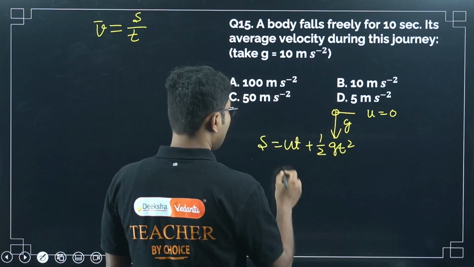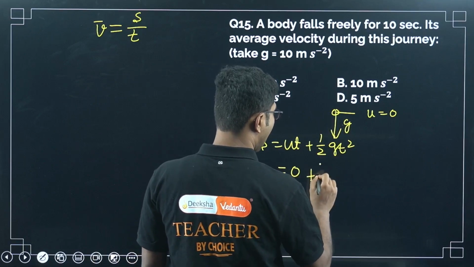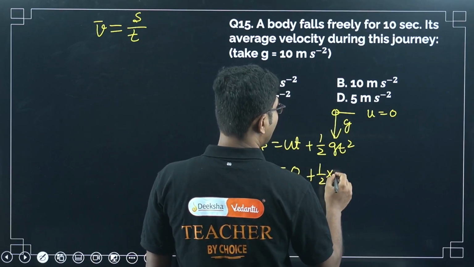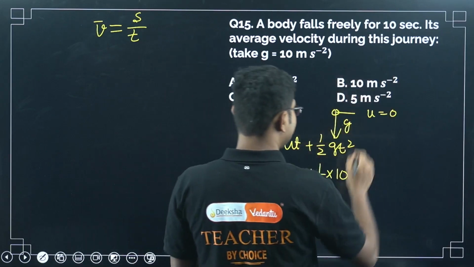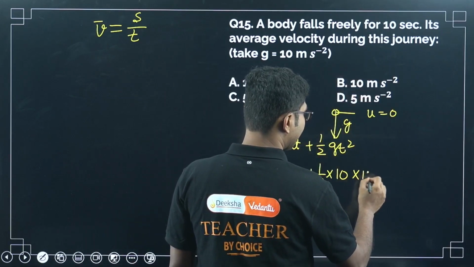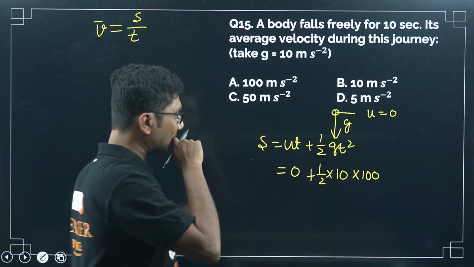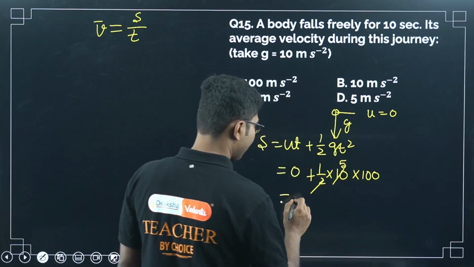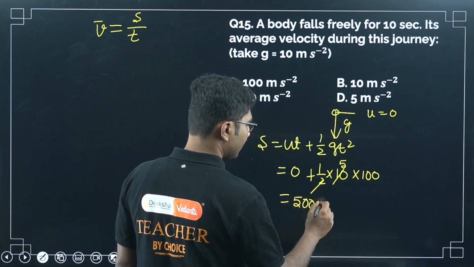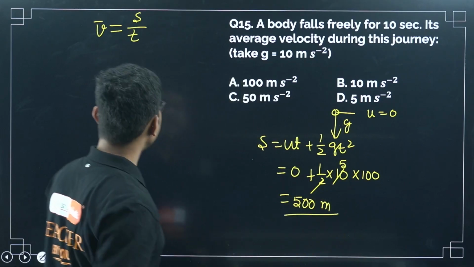So u is 0 here, half g is 5, and time taken is 10 seconds. 10 seconds square, that is 100. So here we can say that S equals 500 meters.